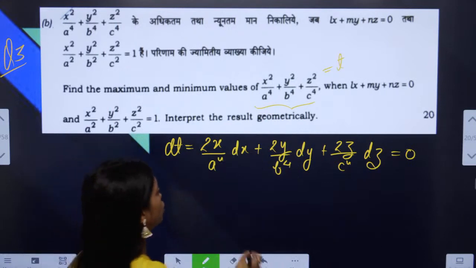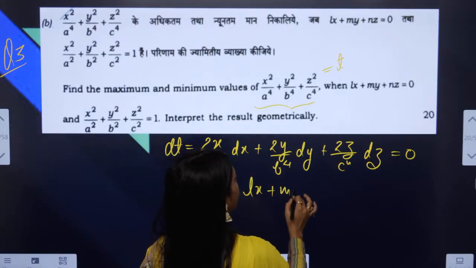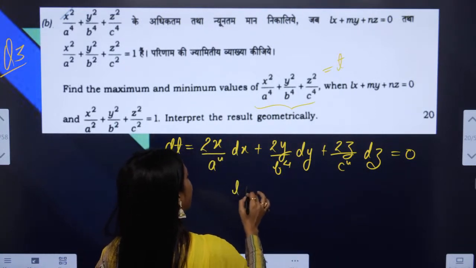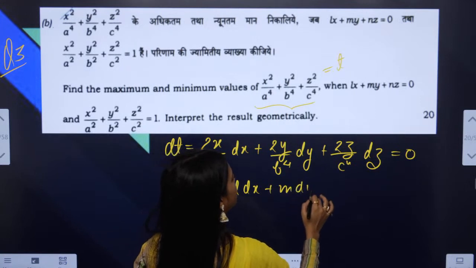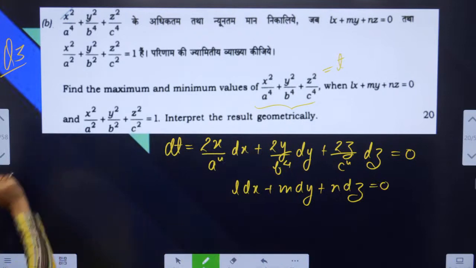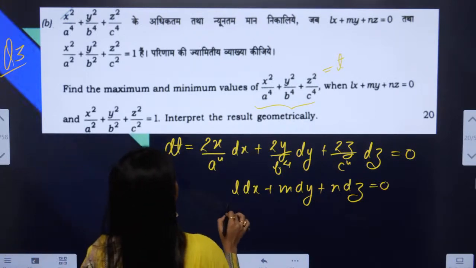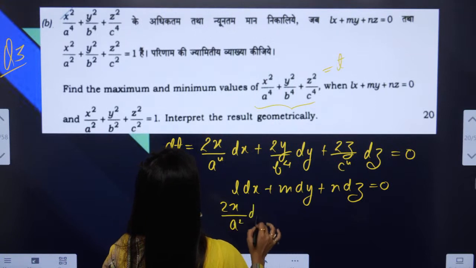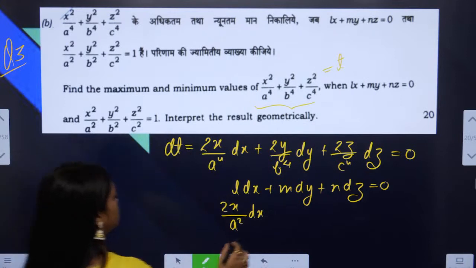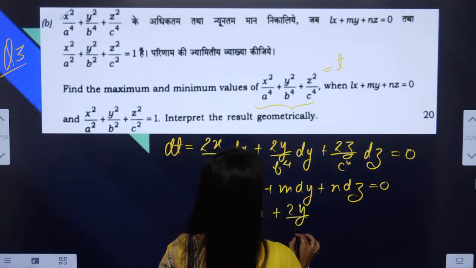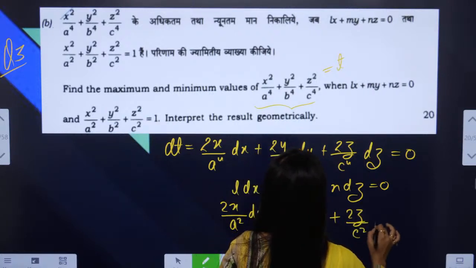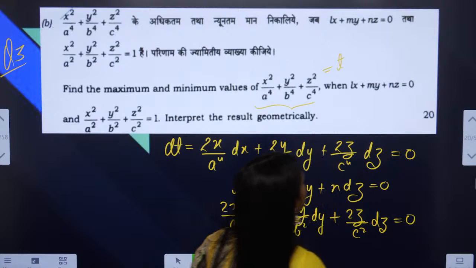You have additional two pieces of information. Differentiate Lx plus My plus Nz also. This becomes L dx plus M dy plus N dz equals 0. Differentiate the other constraint also. This is 2x upon a square dx plus 2y upon b square dy plus 2z upon c square dz equals 0.